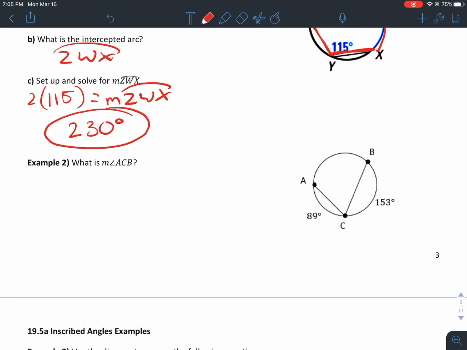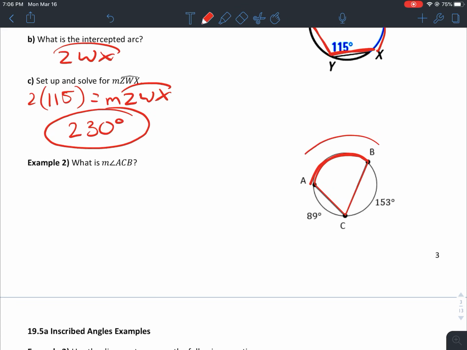Next, it says, what is the measure of angle ACB? So they're asking for the measure of this angle. All right. So what we can do here is go ahead and solve for arc AB, and then we just cut that in half to find angle ACB.